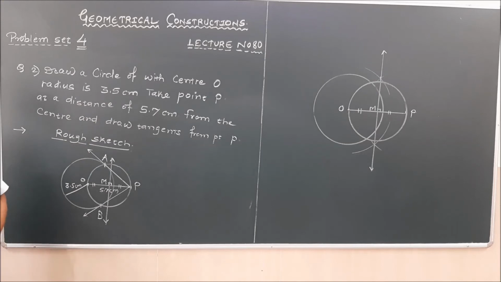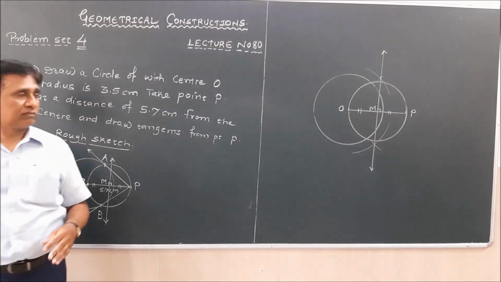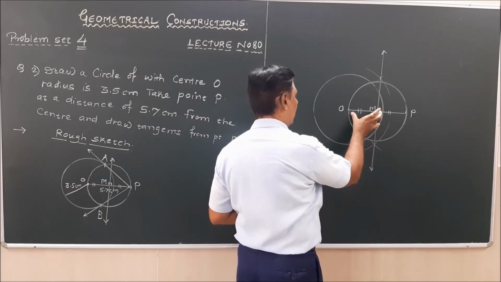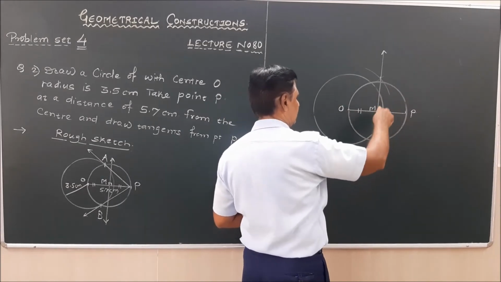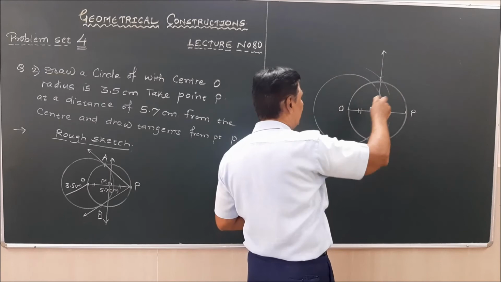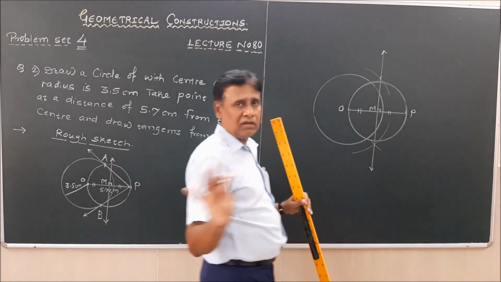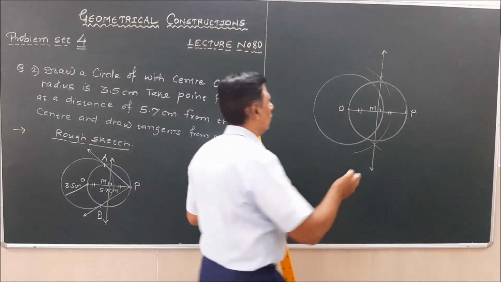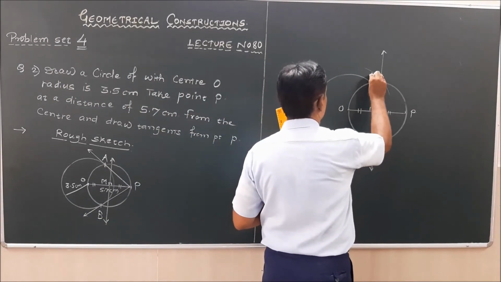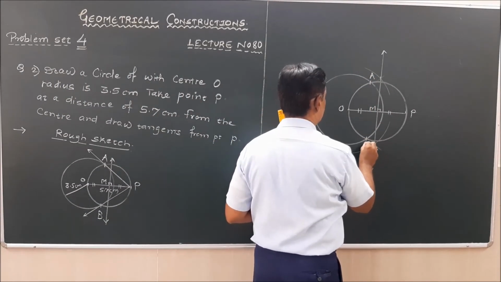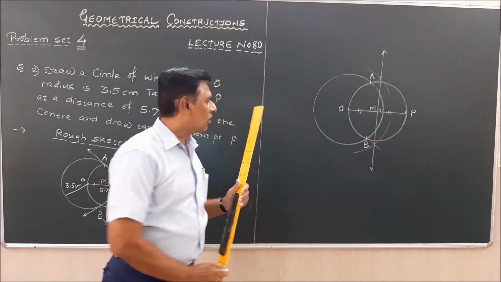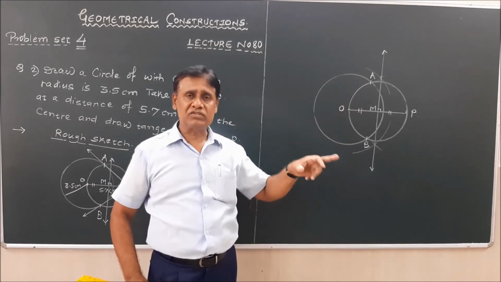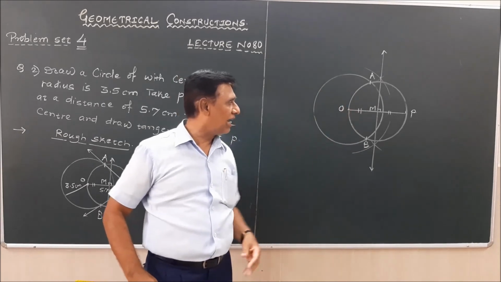By taking OM as a radius, or MP as a radius, draw a complete circle, not simply these arcs. Absolutely wrong if somebody is guiding you that way. The points of intersection are A and B. So you will find this newly drawn circle is intersecting the previously drawn circle in two points A and B.